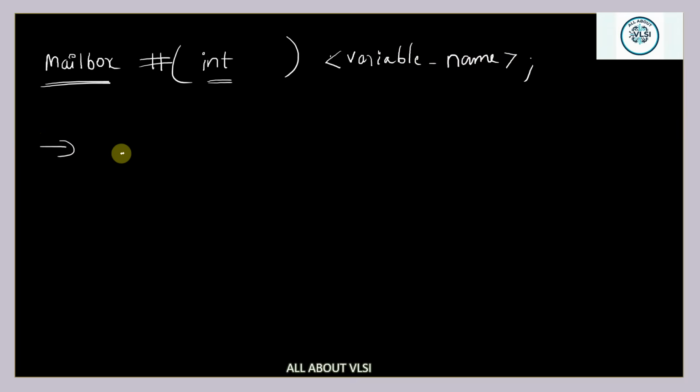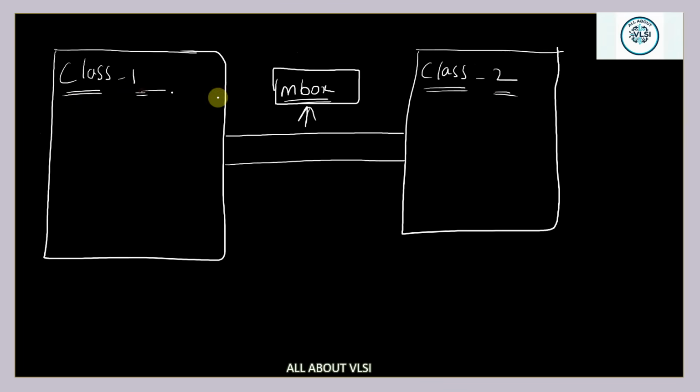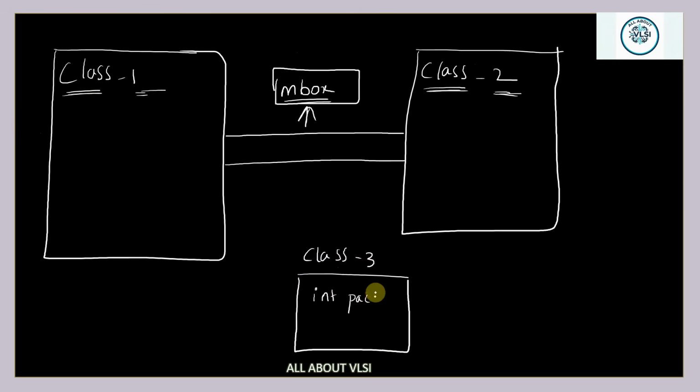Let's say I have class 1 and class 2, and I declare one more class over here, class 3. This class 3 has some data: int packet and reg [3:0] addr. These are the two fields this class is going to have.